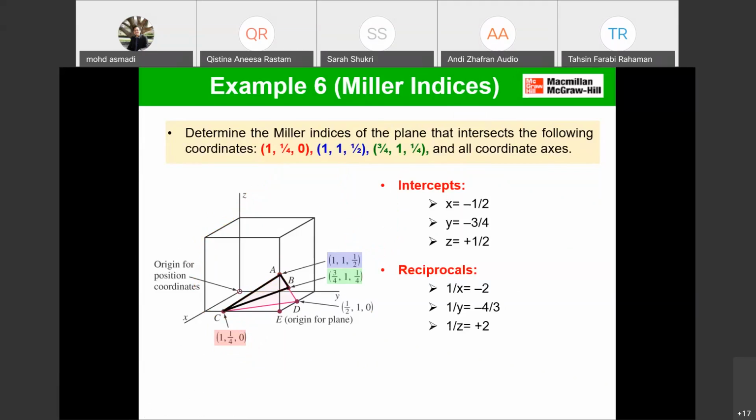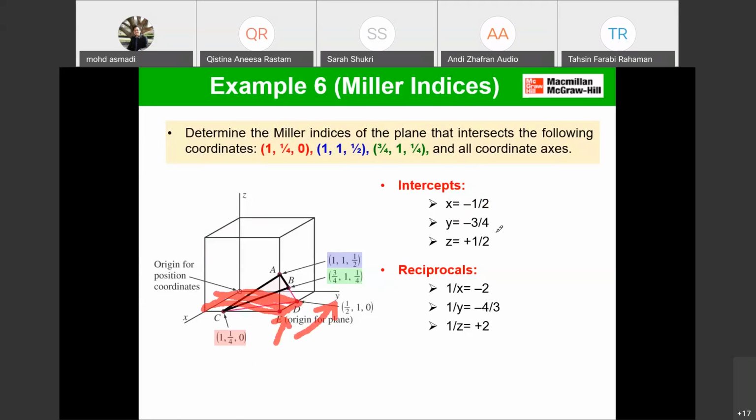If we define the new origin, this is the new origin. So for the x direction, no, no, this one is x, half. Sorry, but it's toward that direction because we define the new origin.